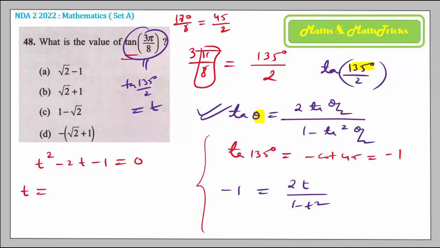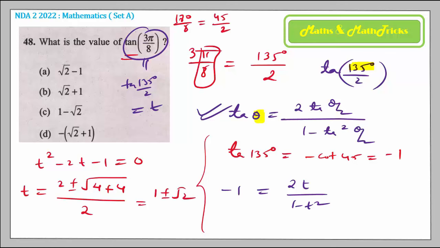So applying the formula of quadratic equation to solve it, it's 2 plus or minus root over 2 square 4, then minus 4ac which becomes plus 4, again upon 2. So this is 2 plus or minus root 8, which is 2 root 2. So 2 is getting cancelled, 1 plus or minus root 2.